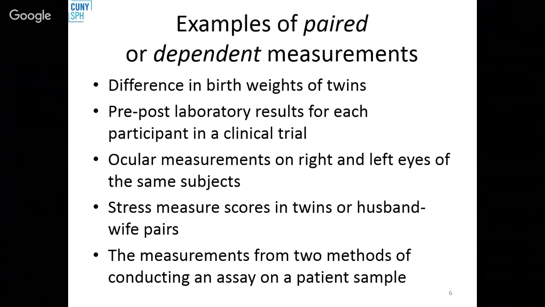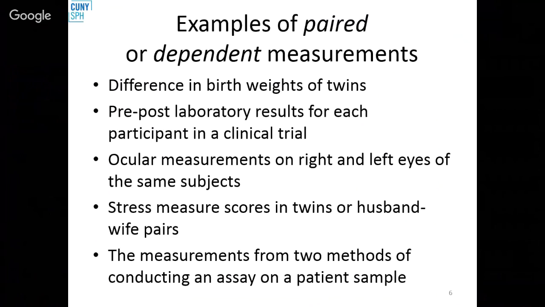A few examples of paired or dependent measurements could be differences in the birth weights of twins, before and after laboratory results for each participant in a clinical trial. So as opposed to them being different participants in 2 arms, for each in one arm of a clinical trial, having observations before and after the intervention.